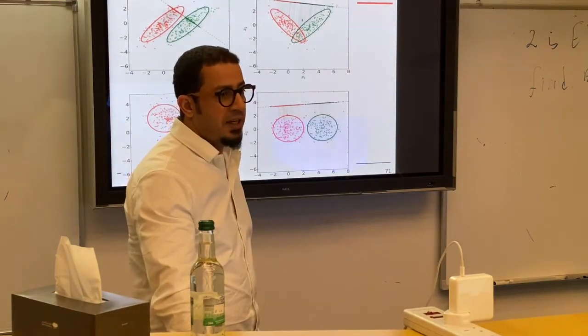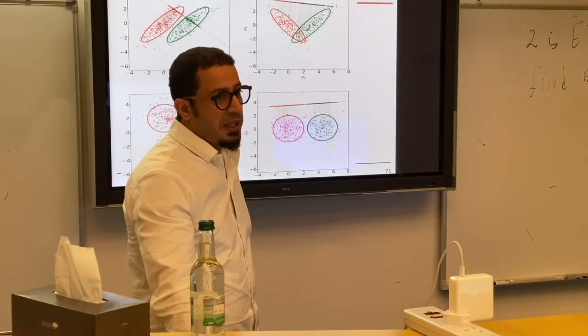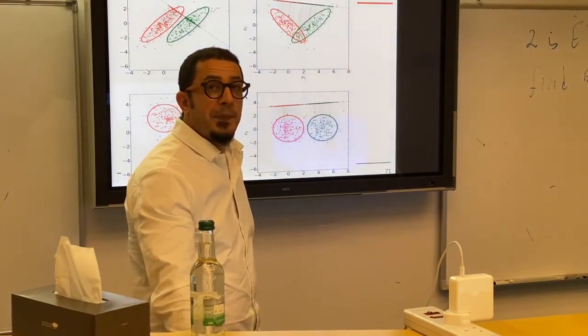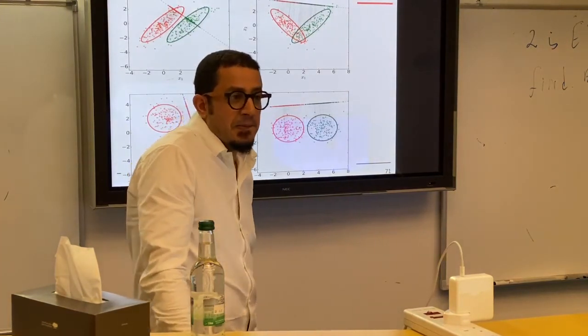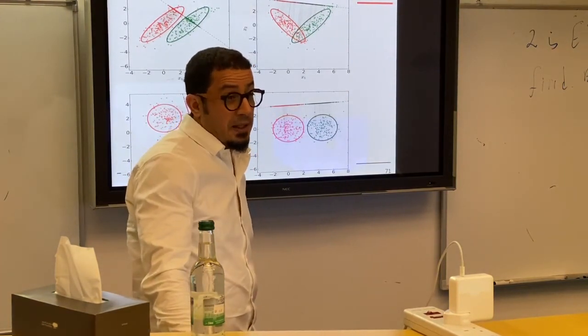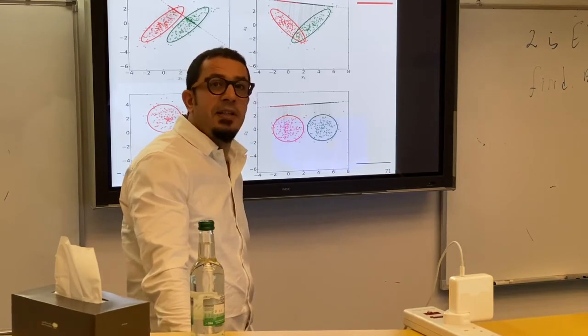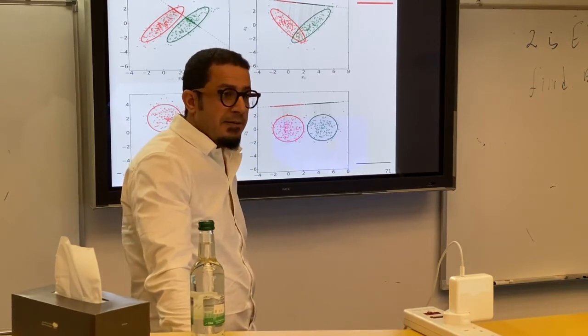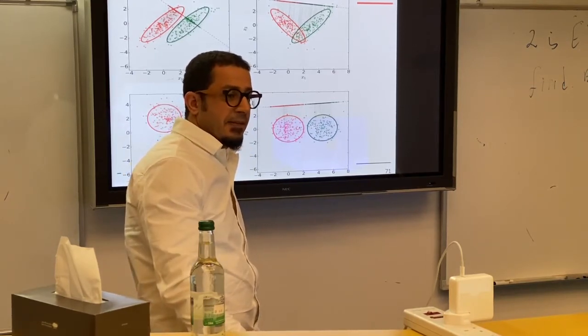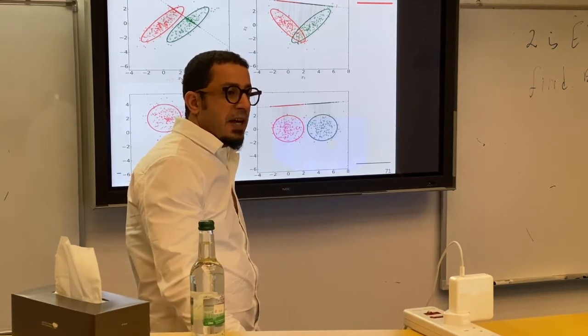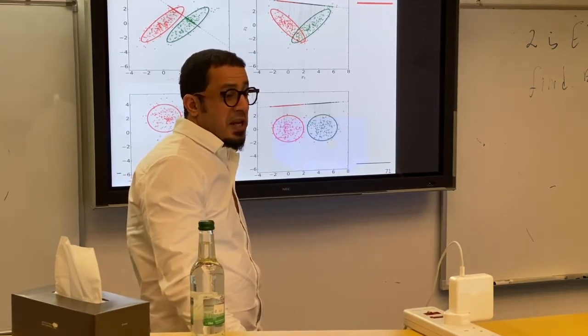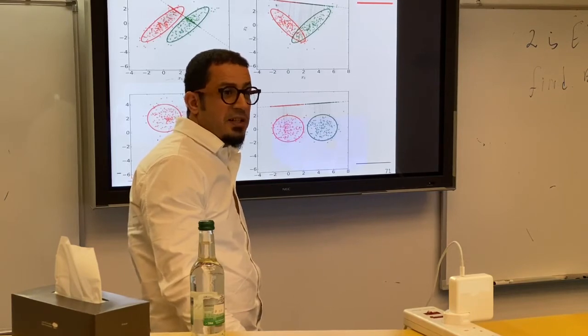But if you do this one here, you have to find out. I think it's the same because the misclassification will be the same area, where they intersect. Even if we do it like this, the red one will be fully classified properly, but the green one will also be misclassified with the intersection. So it is about how to minimize, but according to the calculation, this is the best one.